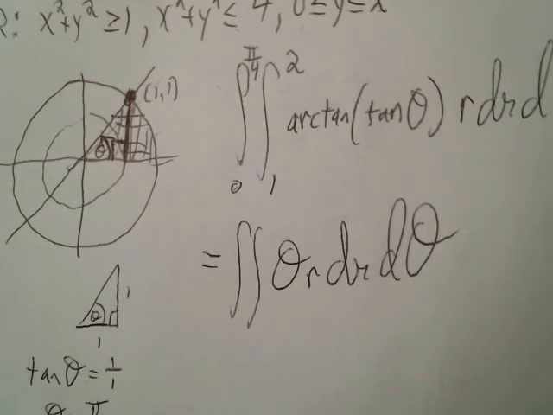Okay, we'll look at one more. And this one, the integral is pretty long, so you have to hang in there if you're watching. It's problem 37 in the old book.